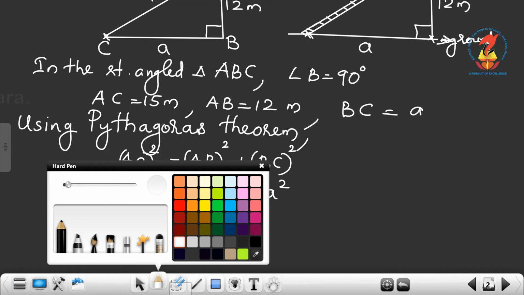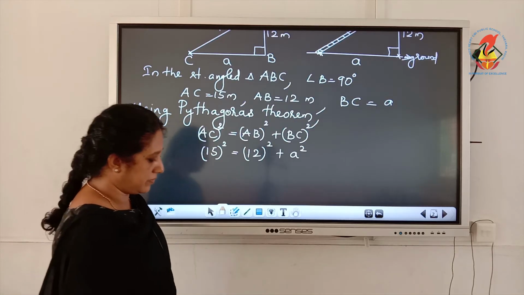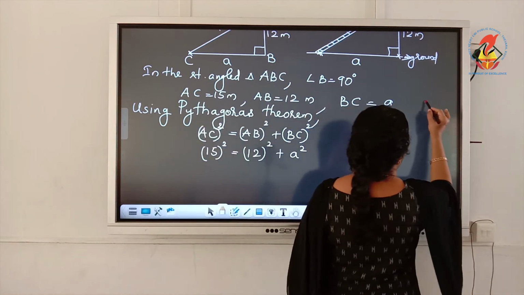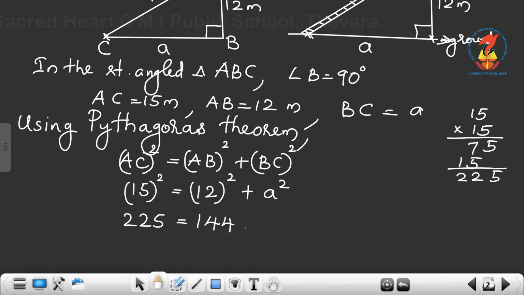Then what is 15 square? 15 square is 15 into 15. So we can find 15 into 15, which is 225. So 225 is equal to 12 square, 12 into 12, which is 144, plus A square.